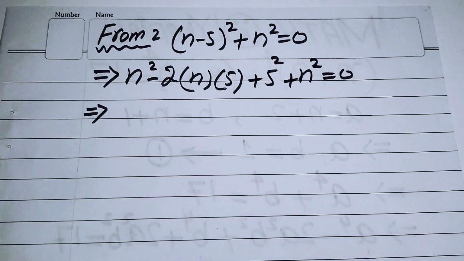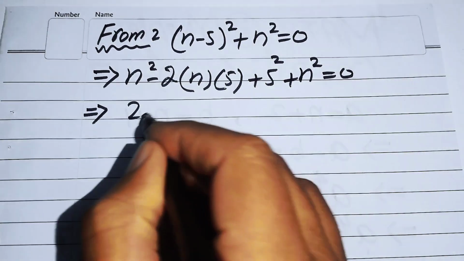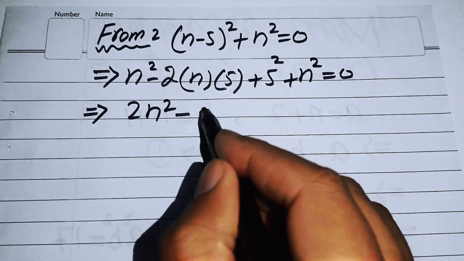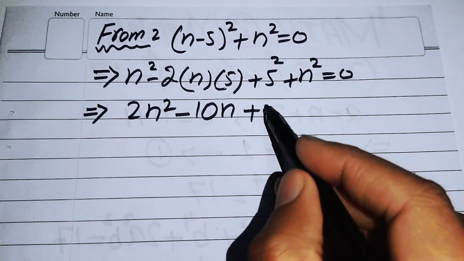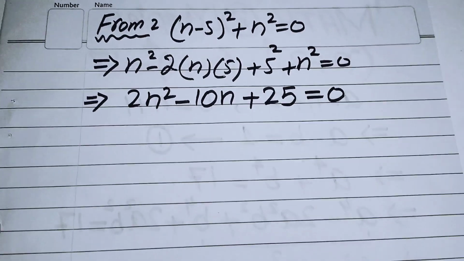So here we add the like terms and we have n square plus n square equals 2 times n square, and minus 2 times 5 equals minus 10 times n, and we know that the square of 5 equals 25, and this whole equals 0.